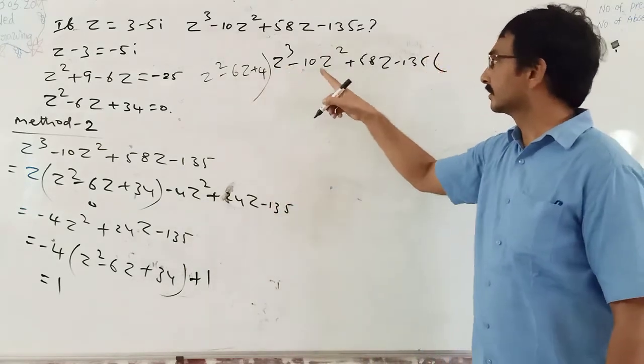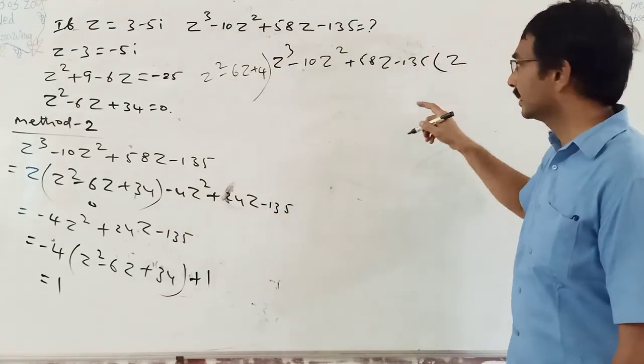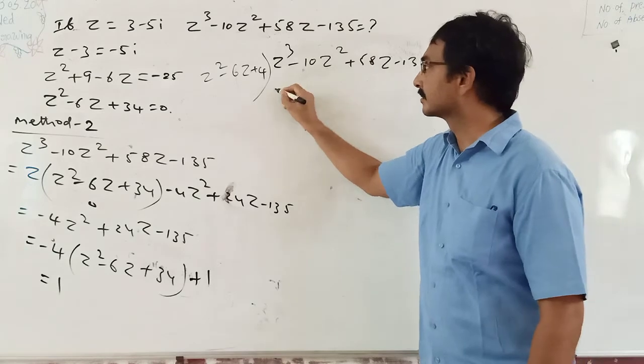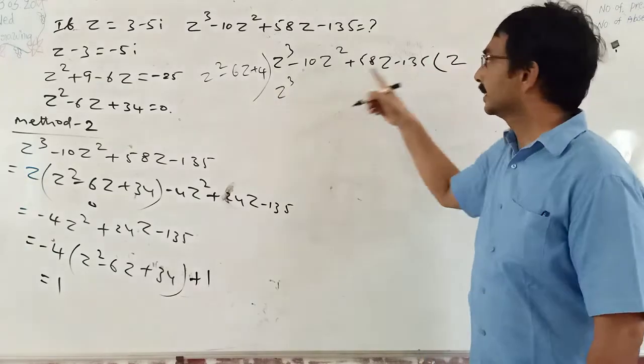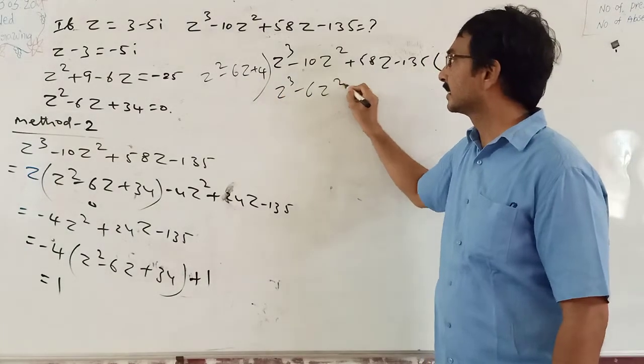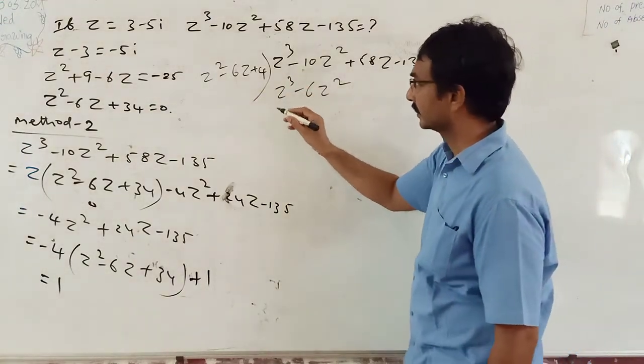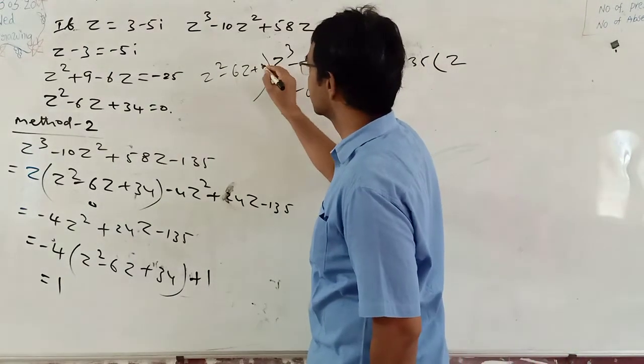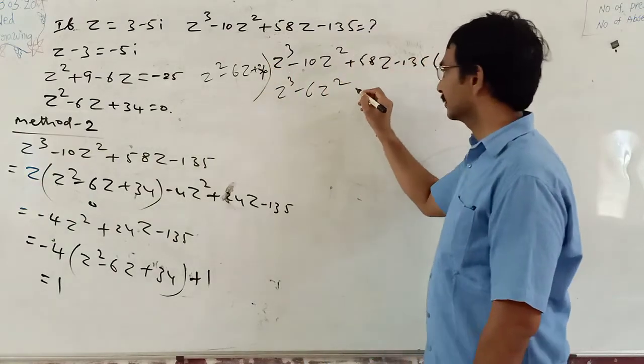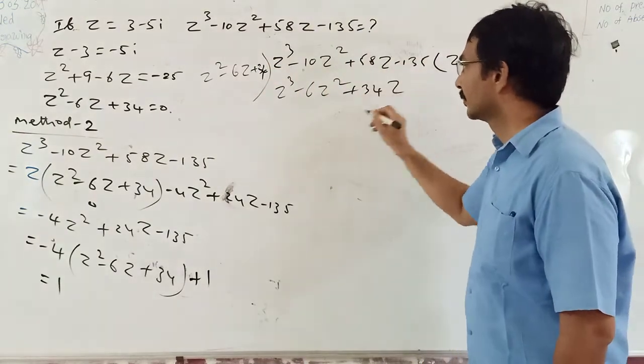See, z square into z gives z cube, therefore z into z square minus 6z plus 34 gives z cube minus 6z square plus 34z.